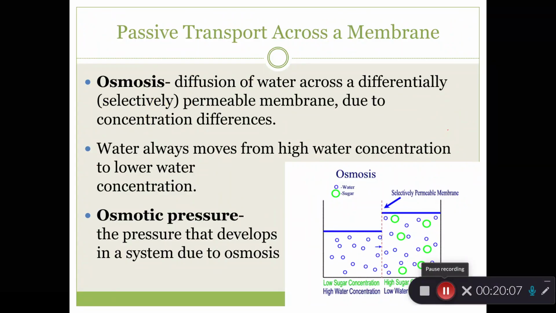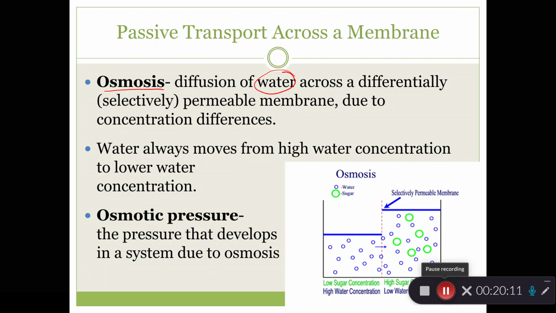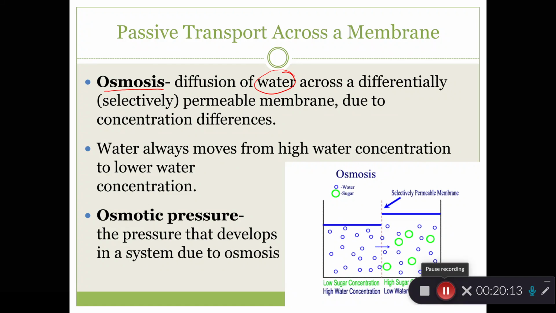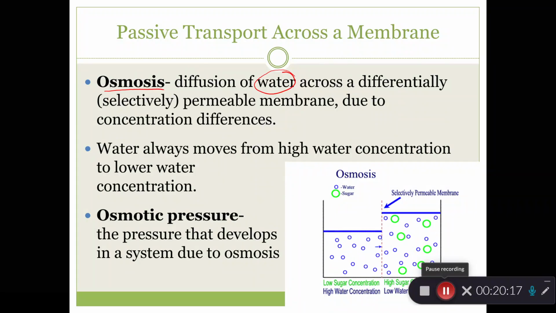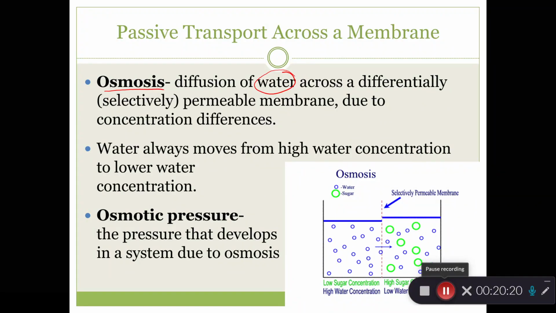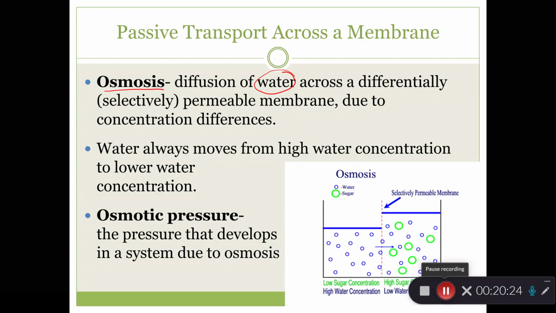Osmosis is the same thing, except it's only water. Osmosis gets its own name. It's the diffusion of water across a differentially selective permeable membrane due to concentration differences. Water always moves from high to low. You can see in the picture, isn't that a nice little animation?